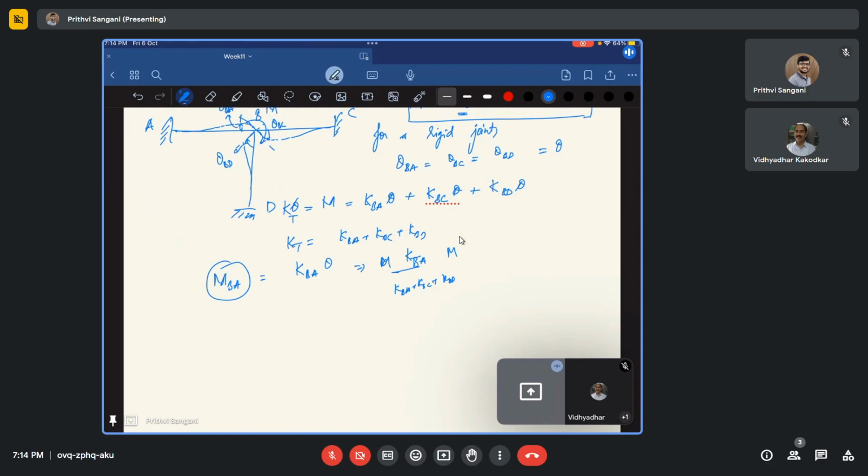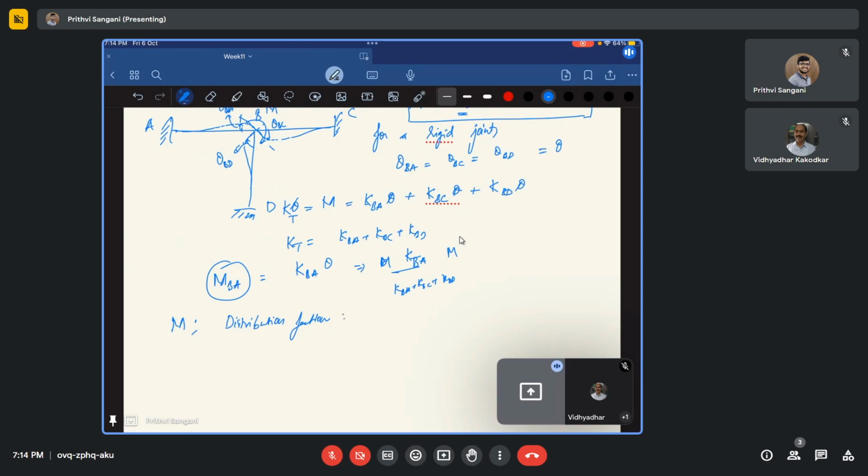So in this, how is it distributed? Distribution factor: you have a total moment M, but how are you going to divide this total moment M into each member? That is what the distribution factor is. So we call this the distribution factor.